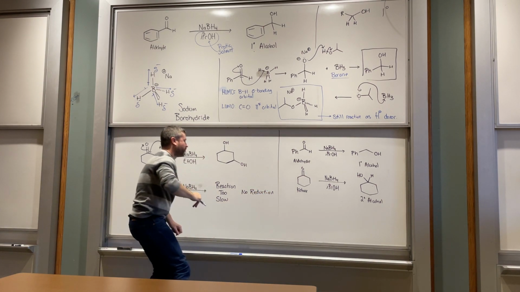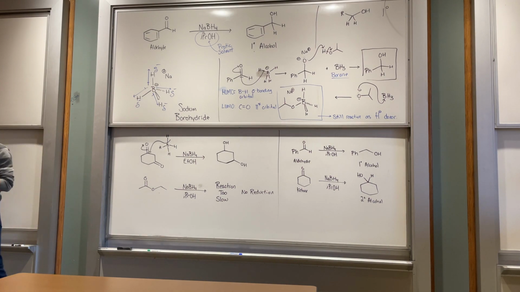If we try to move to an ester and treat an ester with sodium borohydride, we're basically going to be sitting there staring at the reaction and not seeing any product form. So aldehydes can be reduced with sodium borohydride, ketones can be reduced, but esters cannot be reduced with sodium borohydride. Why would that be?